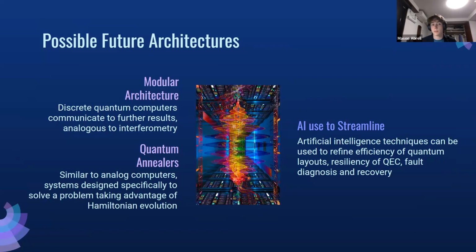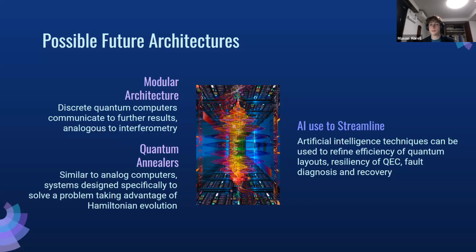One of the most promising is modular architecture, where you have discrete small quantum computers that can be linked together to simulate a much larger quantum computer. MIT has recently been working on this, but the benefit of a modular architecture is that you can scale your system to your need, to whatever specific problem you're trying to ask the system.